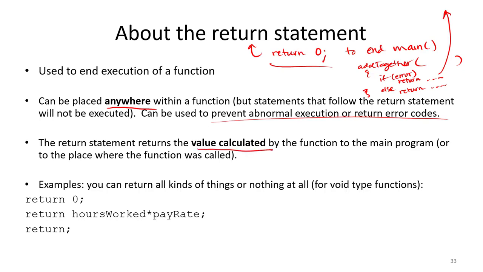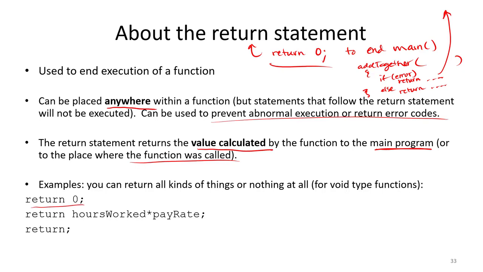So the return statement will return the value that our function calculated back either to main or to wherever that function was called. So if our main function called the other function, then we return the value to main. If a different function called our function, we return our value to that different function.